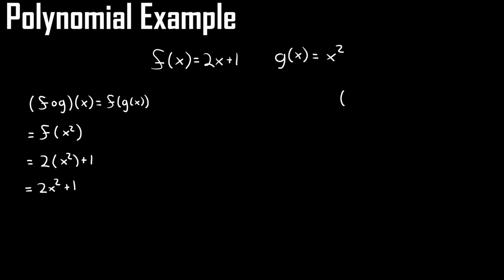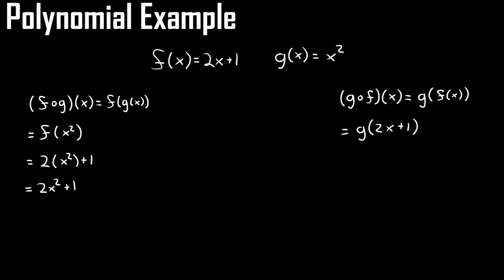Now let's say we want to find g of f of x. Then we'll start the same way by plugging in f into g. So we're going to get g of 2x plus 1.